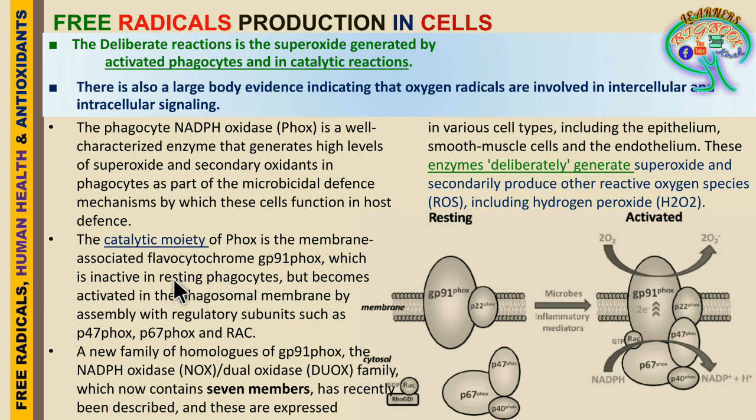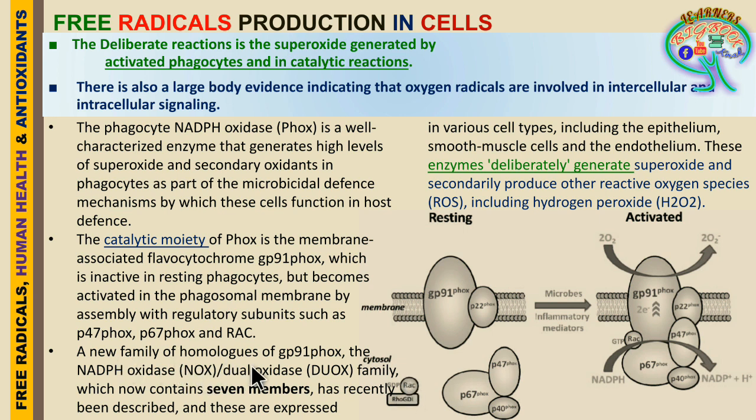It is inactive in resting phagocytes but becomes activated in the phagosomal membrane by assembly with regulatory subunits such as P47 FOX, P67 FOX and RAC. Here you can see P47, P67 and P40, and here the RAC.